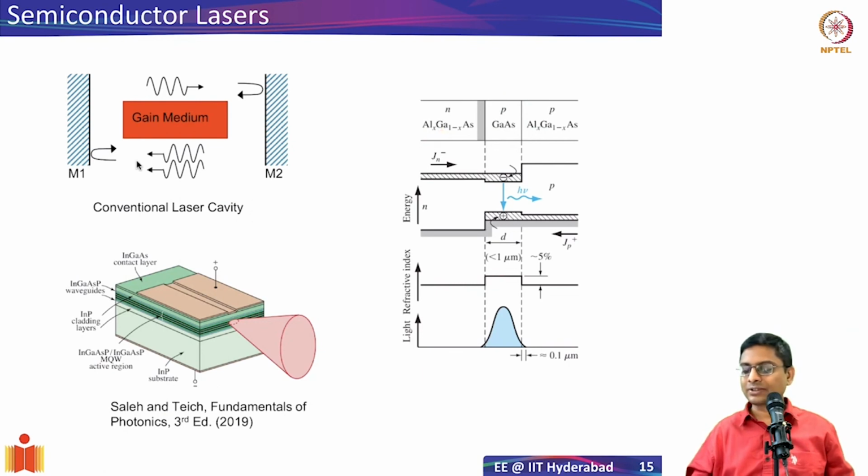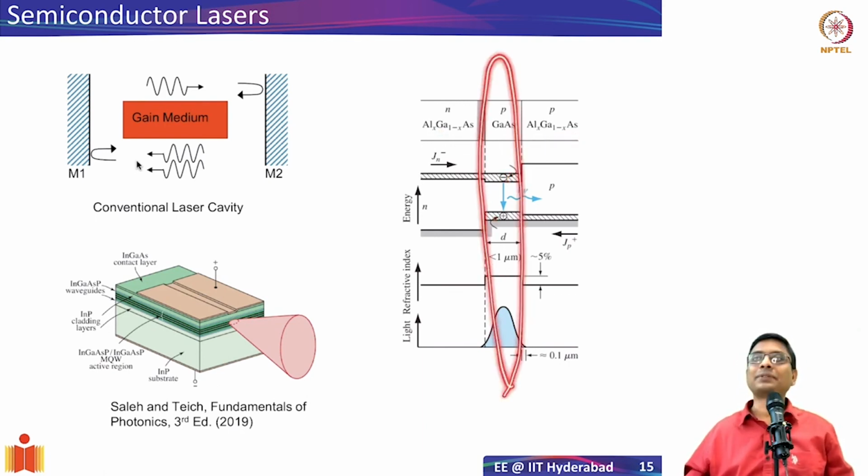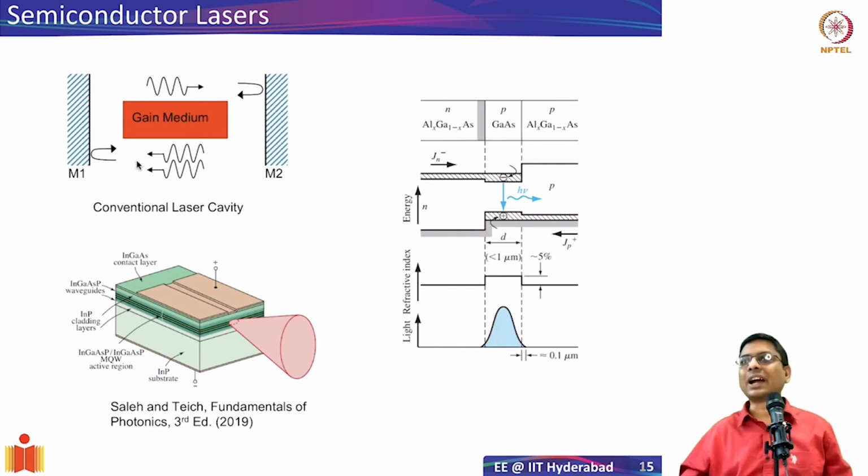So there's a band gap change, and electrons can be injected into this region, and then the holes also can be simultaneously injected. So in this heterojunction region, we have simultaneously a very large number of electrons and holes. That is what we call gain. Basically, you're creating gain that way, and you have a strong emission of photons. Okay, so this is a practical way of actually creating lasers.